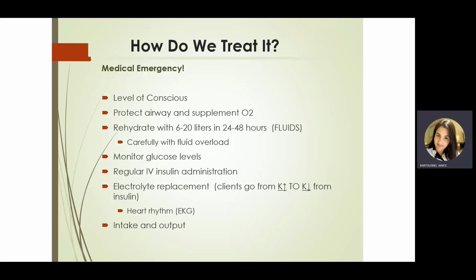At the same time, we're giving them IV insulin, replacing their electrolytes, making sure that they don't get any dysrhythmias, and monitoring their intake and output. So the big difference here is the amount of fluids that they get. They're going to get way more fluids than your DKA patient.